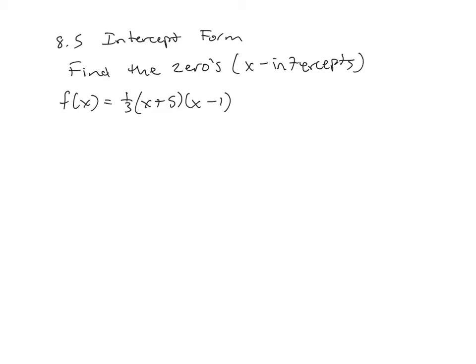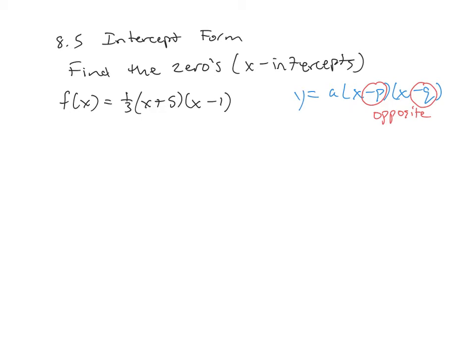So if you remember intercept form, and I'll write it over here, it's f of x or y, it doesn't matter. So we said intercepts are the p and the q, and remember that because they are negative in here, when we look at the problems, it means we're going to do the opposite because of that minus sign.